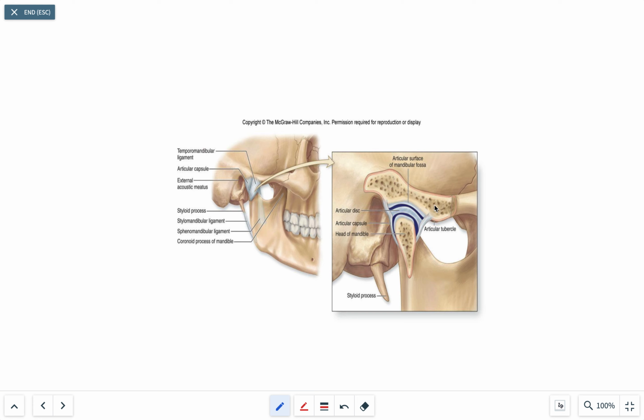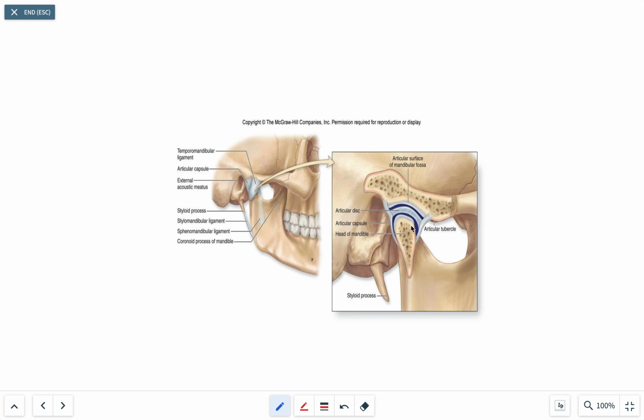So here we have the temporal bone, and then here we would have the mandible, and then it creates this area that we're going to be discussing, like an articular capsule, which is composed of fibrocartilage.